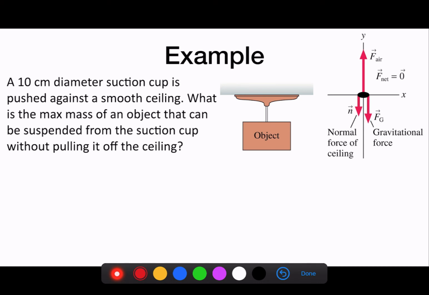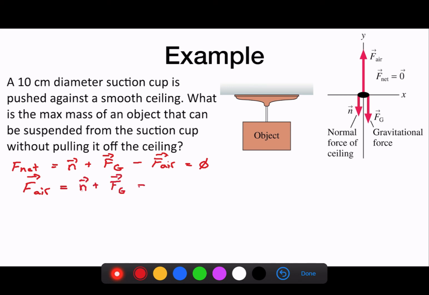If there's any sort of contact, then you have a normal force. So that means our net force is going to be that normal force plus the force of gravity minus the force due to the air around it. And if it's not moving, this net force is 0. So we can rearrange this to solve for the force of the air. That's going to be the normal force plus the gravitational force.